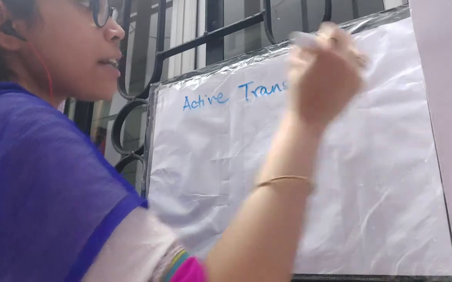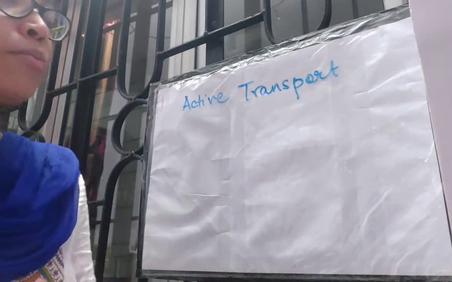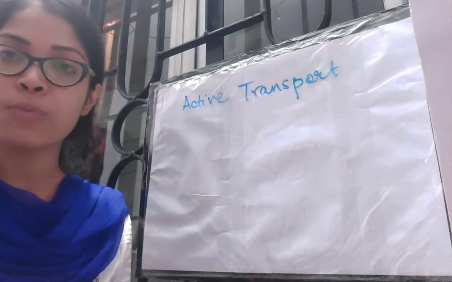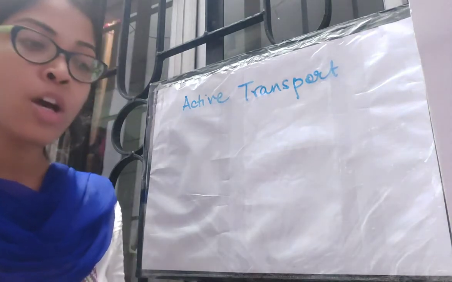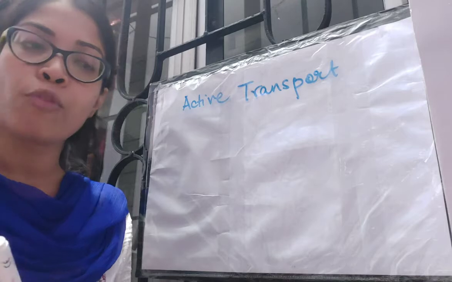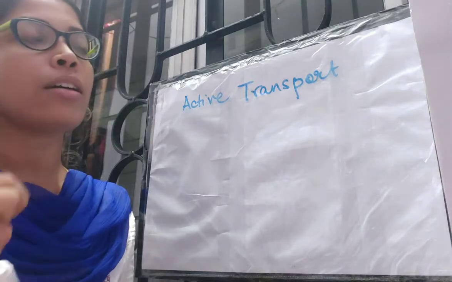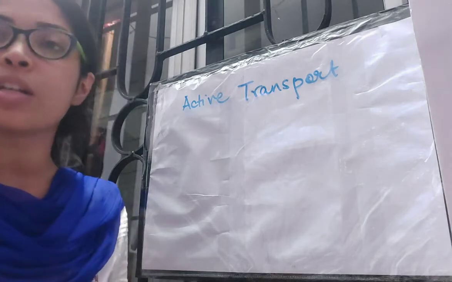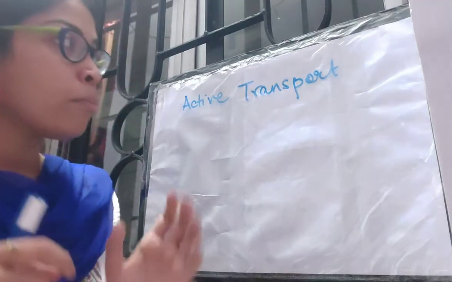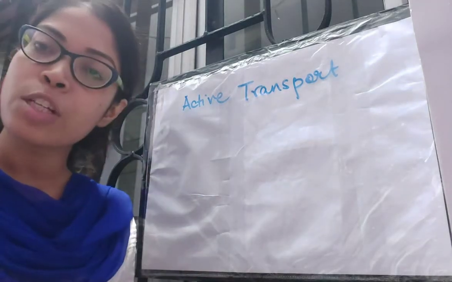Now, what is active transport? To understand active transport, you need to remember the definition of passive transport, which was a spontaneous movement of atoms from a higher concentration area to a lower concentration area. Okay. So, in case of passive transport, what happens?